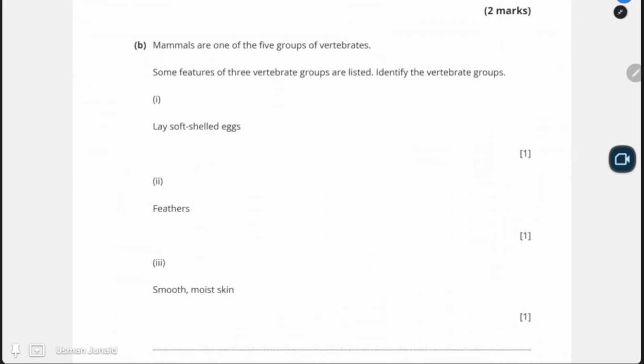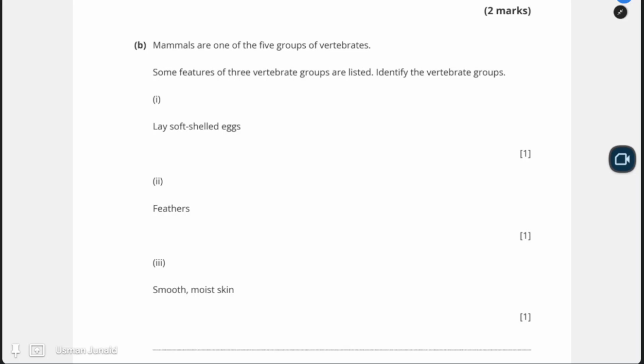Mammals are one of the five groups of vertebrates. Some features of three vertebrate groups are listed. Identify the vertebrate groups. So, which one is the first one? Okay.